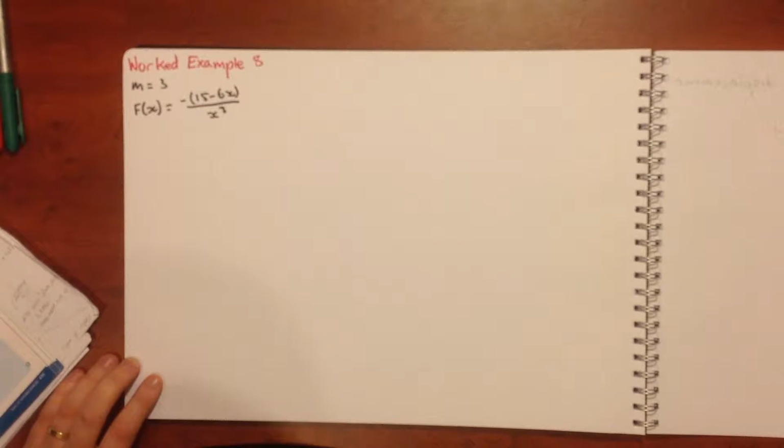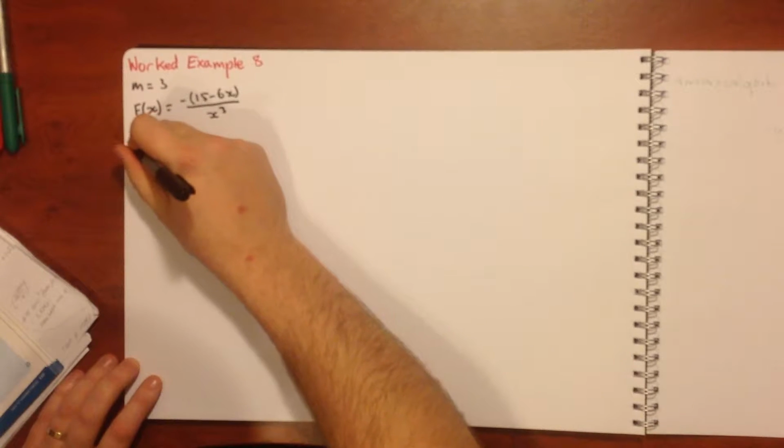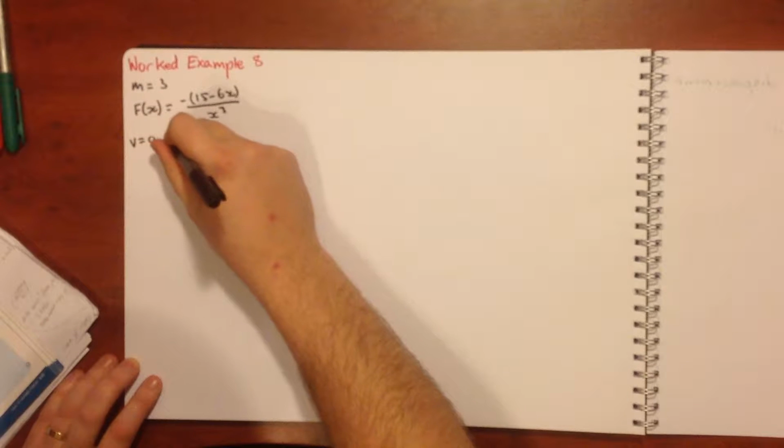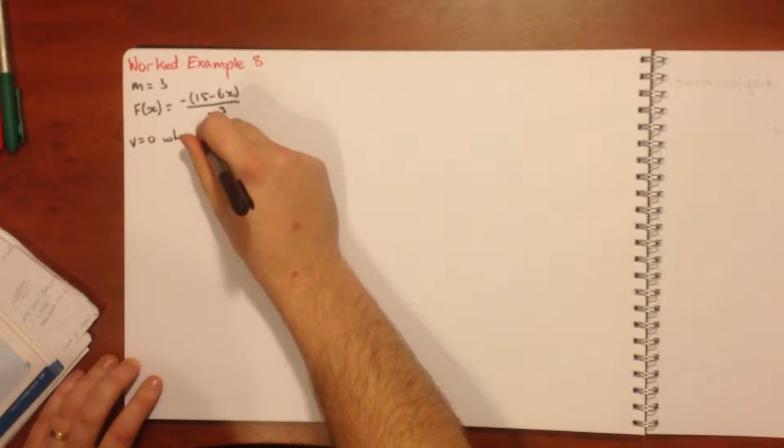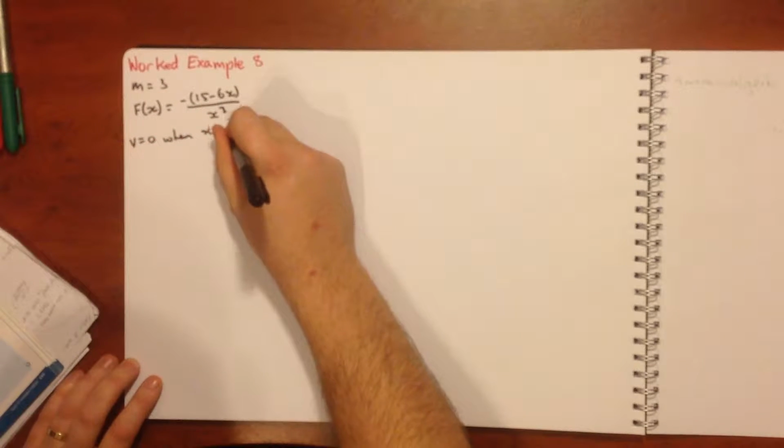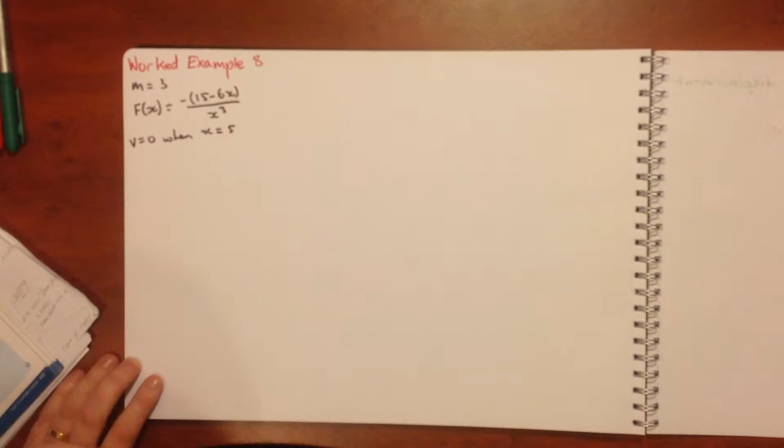The particle is at rest at a distance 5 meters from the origin, so v equals 0 when x equals 5. Find where else the particle comes to rest.